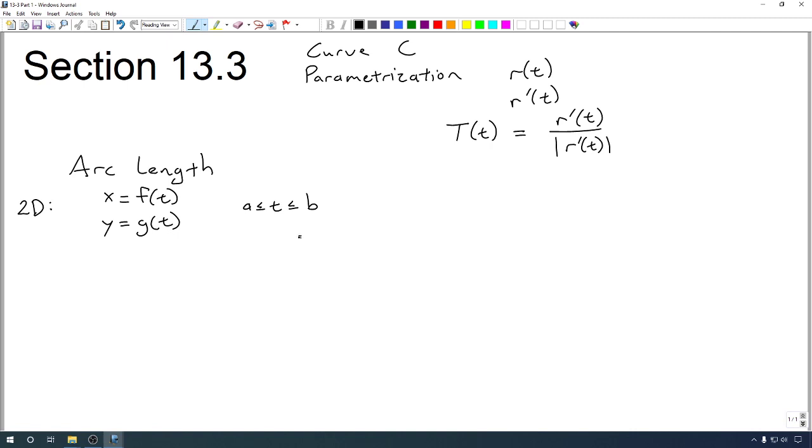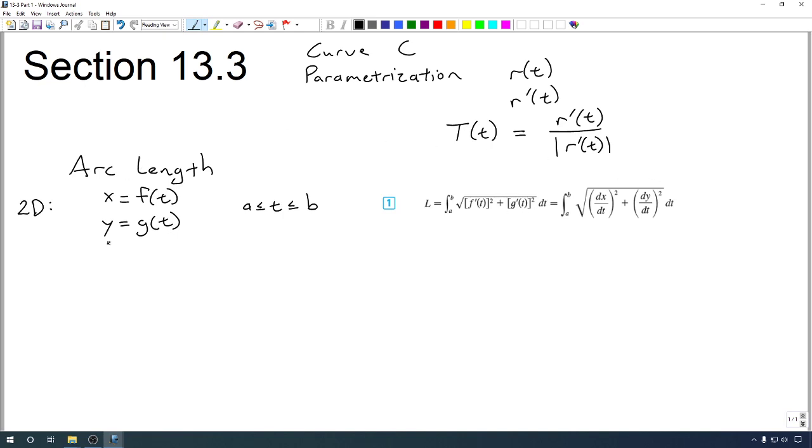And if you remember, back in chapter 10, we had a formula for the arc length of a parametric curve. So here, the length of our curve is the integral from a to b of the square root of the sum of the squares of the derivatives.